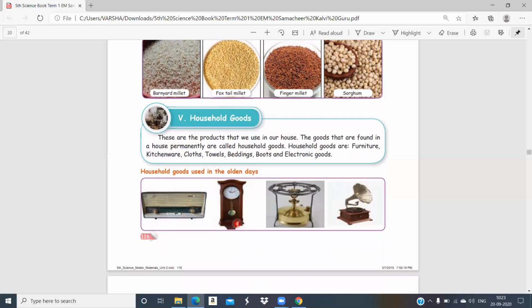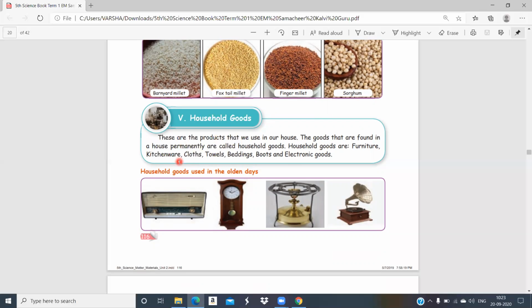Next, household goods. Household goods means the products that we use in our house, goods which are found in a house permanently.